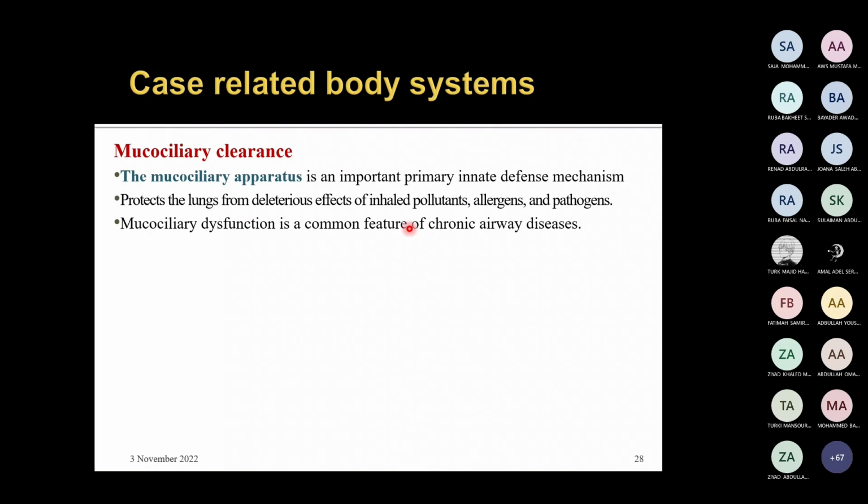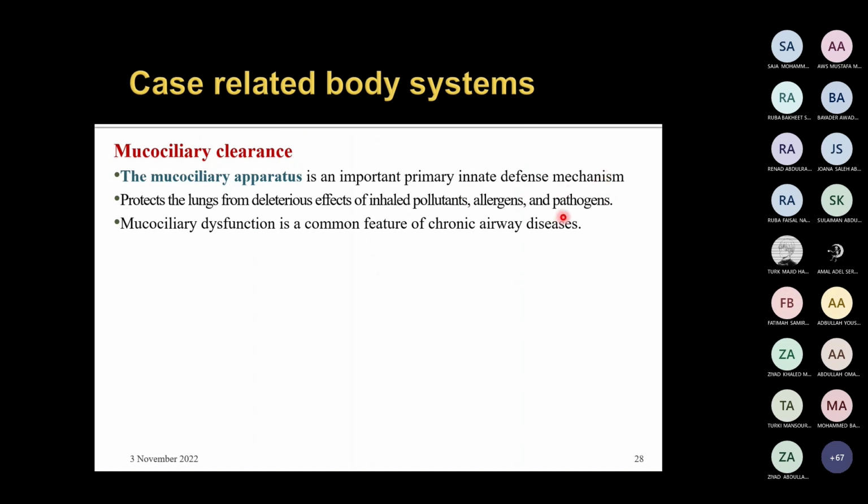Now, what's mucociliary clearance? Mucociliary clearance is the way the airways clear the mucus, clear the pathogens that enter with the respirations. So there is what we call the mucociliary apparatus, which is an important primary innate defense mechanism against the infection of the airway.